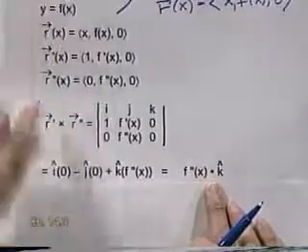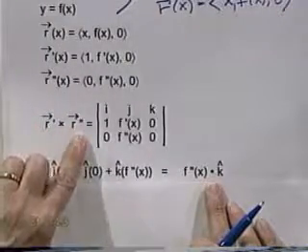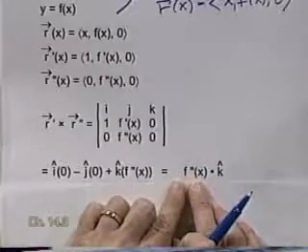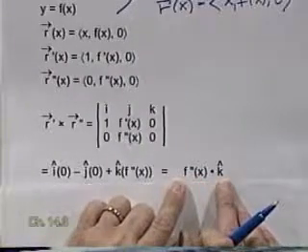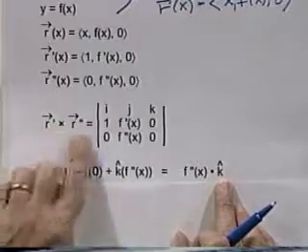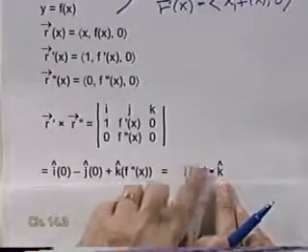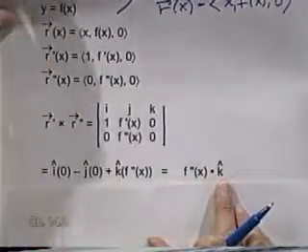All right. So r prime cross r double prime is equal to f double prime of x times k. So the length of this vector would be however big f double prime of x is. All right.